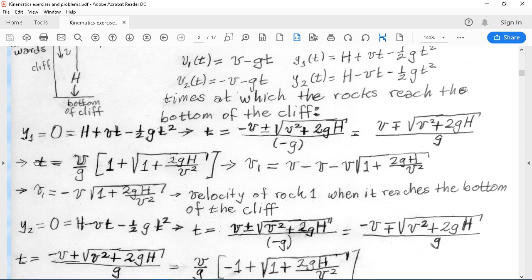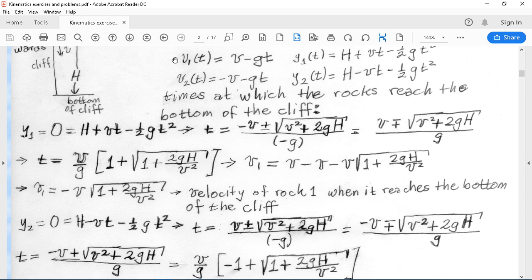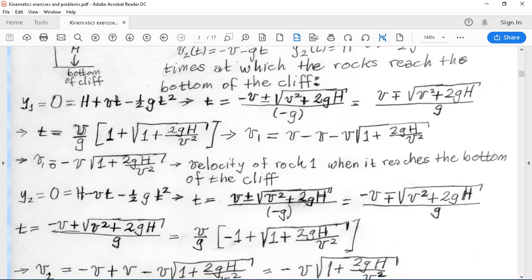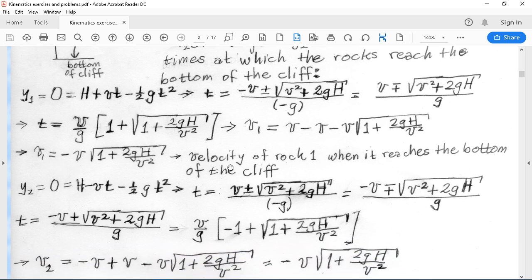Remember, I have replaced this value of t in this expression here, and this is the result. The velocity of rock 1 when it reaches the bottom of the cliff will then be v1 equals minus v times the square root of 1 plus 2gh over v squared.